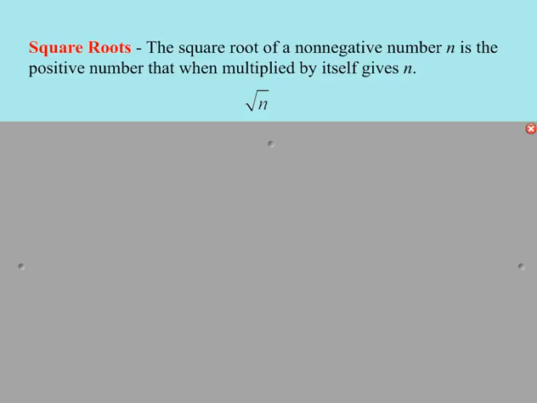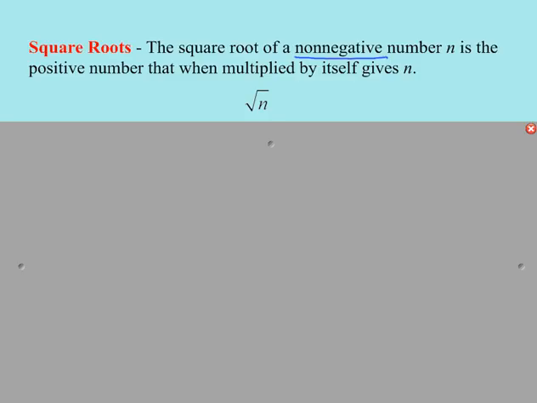Definition of square roots. The square root of a non-negative number n is the positive number that when multiplied by itself gives n. You can see the square root symbol here, the square root of n. And again, the definition is a non-negative number. So it has to be a positive number that when it's multiplied by itself, it gives n.